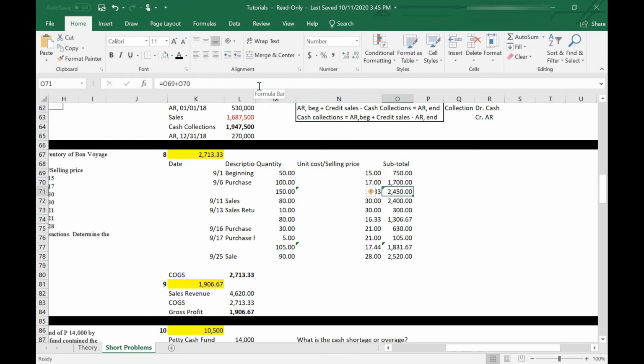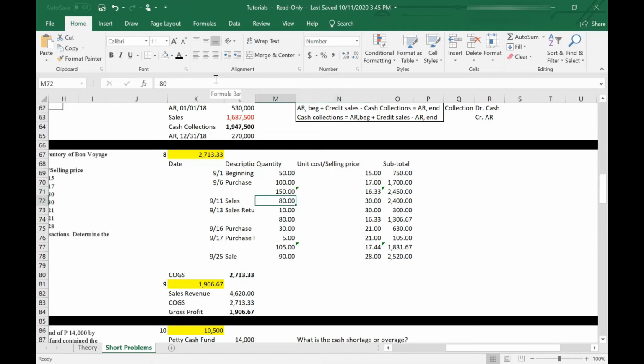You add the two amounts, you get 2,450. And this 2,450 pesos, how many units is it? 150 units. To get the unit cost, you simply divide 2,450 by 150. So at this point, your weighted average or moving average unit cost amounts to 16 pesos and 33 centavos.